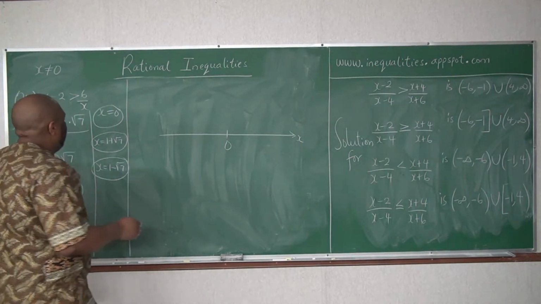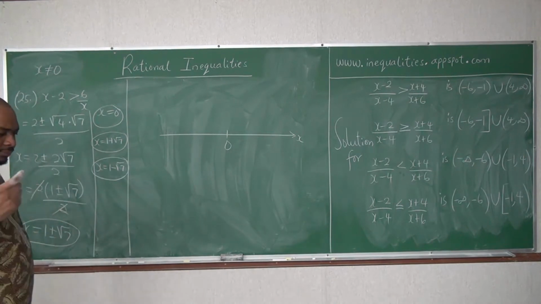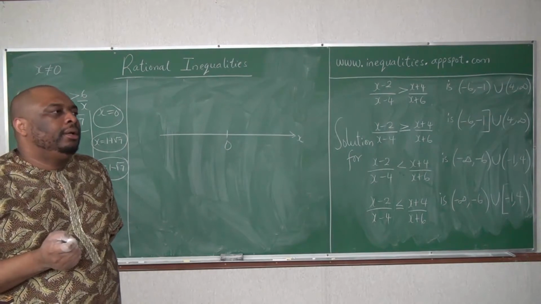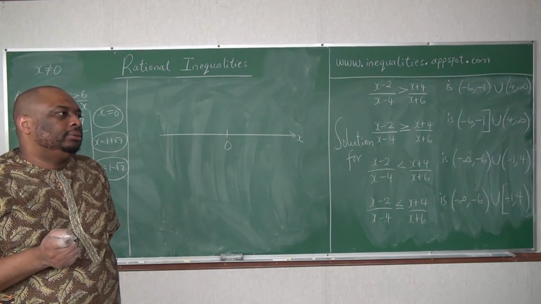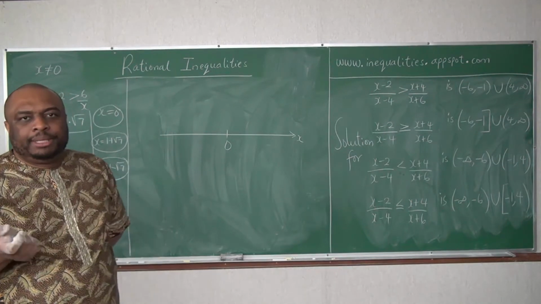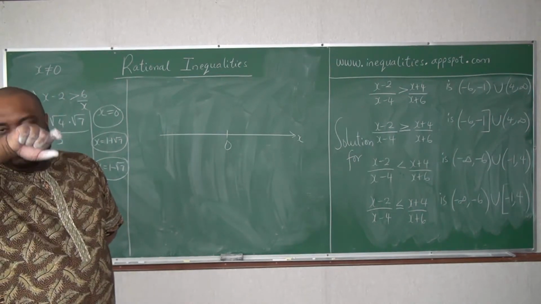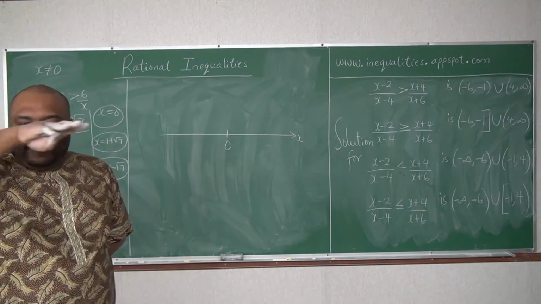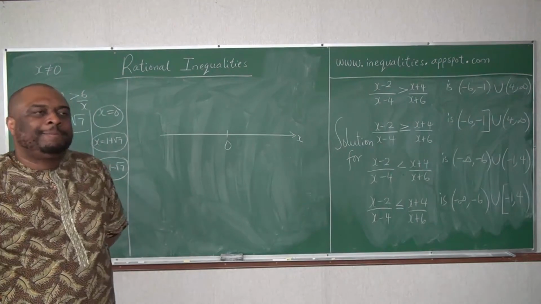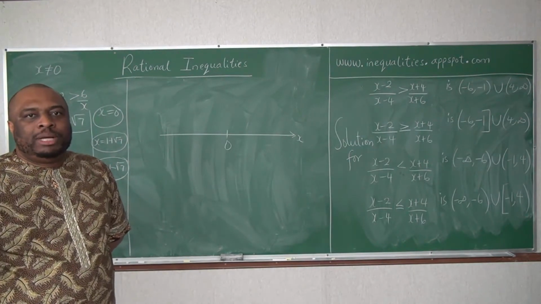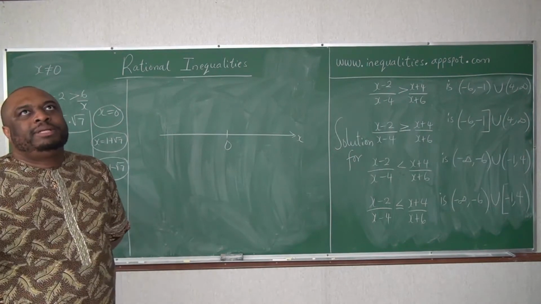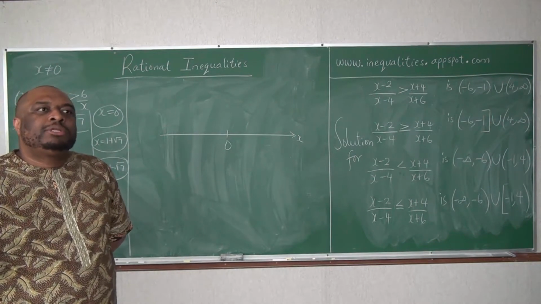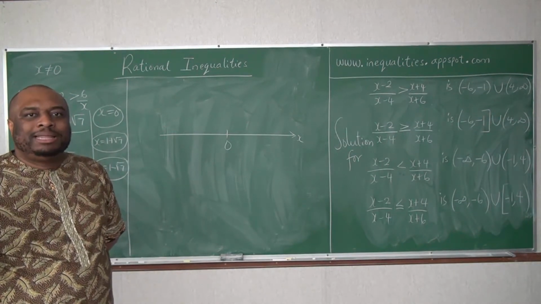Excuse me, square root of 7 should be 2 point something, because 2 times 2 is 4, 3 times 3 is 9. 7 is between 4 and 9, so square root of 7 should be between 2 and 3.